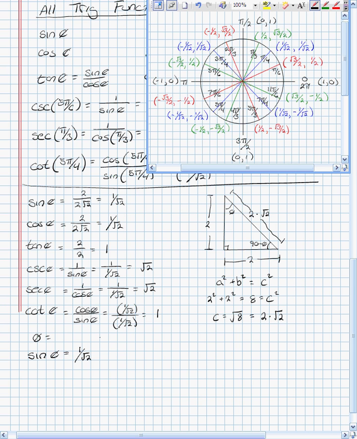What angle is this? It's pi over 4. So in order for sine theta to equal 1 over the square root of 2, theta must be equal to pi over 4. So theta is pi over 4.